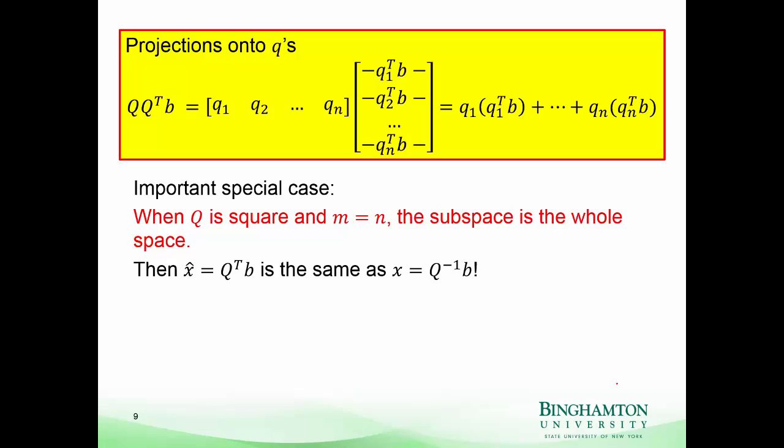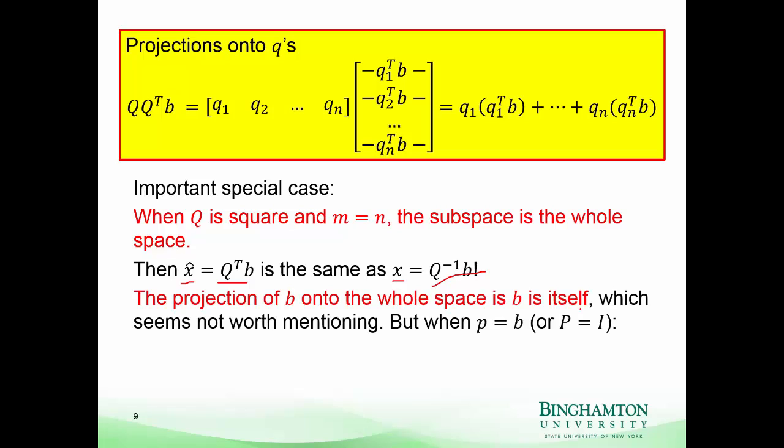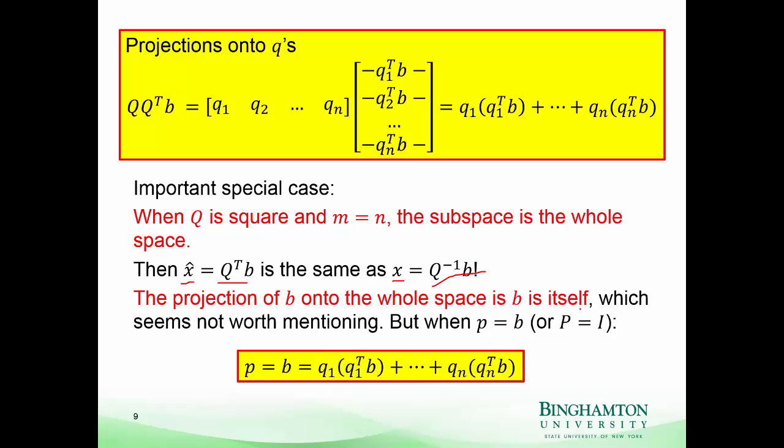And so in that case, x hat is equal to Q transpose b. That's the same as x is equal to Q inverse b for this case. Basically what we're doing is projecting b onto the whole space, and that just becomes b itself. But what's important is not that the sum of these things gives us back b, although that is important.